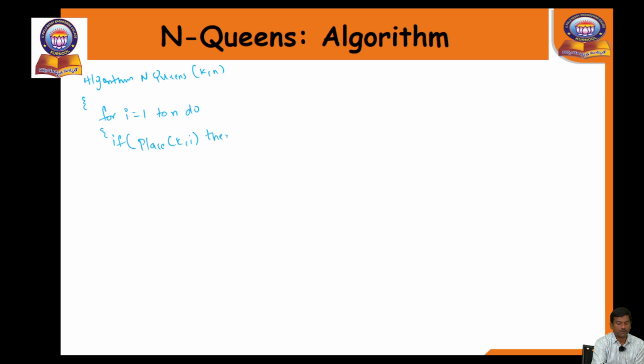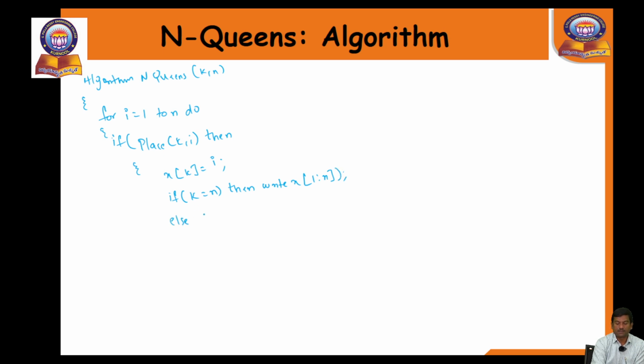If it is, then in such cases place i into x[k], and you check if k is equal to n, then write x[1 to n], the path that you have taken, as the solution.